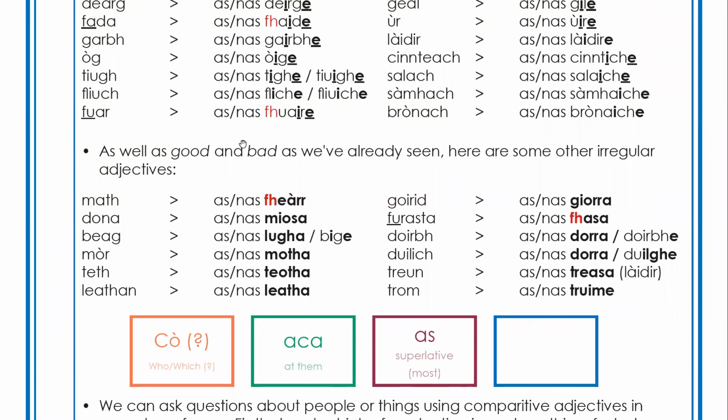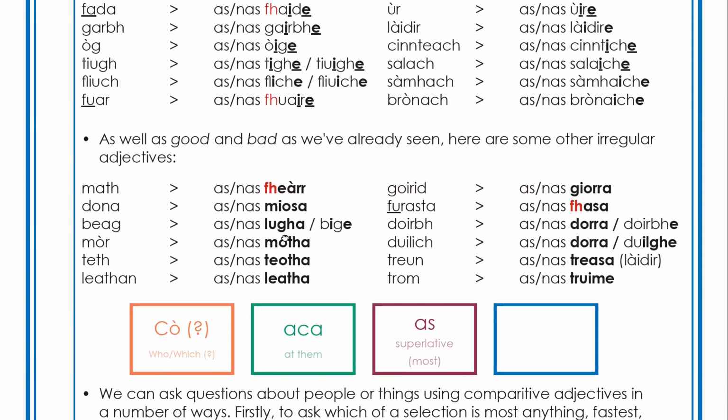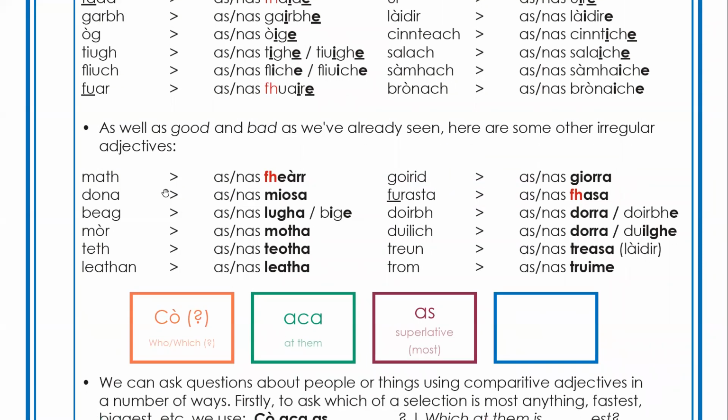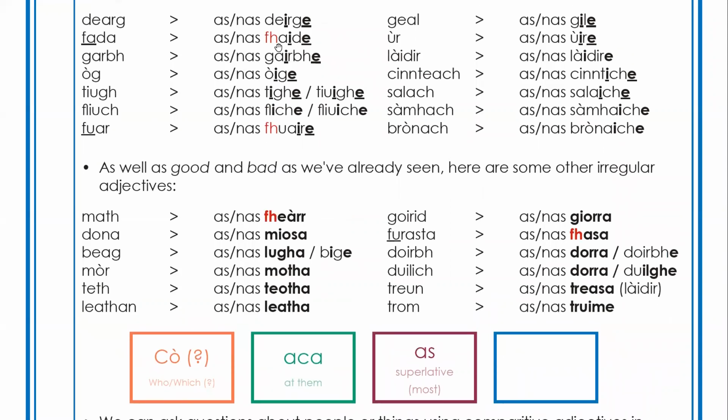So, additionally to good and bad, as we've already seen, there are some other irregular adjectives which you will come across. So here's a wee selection. We've already seen ma, and that follows nasadje, nasure, nasyar. So nasyar, FH silent.